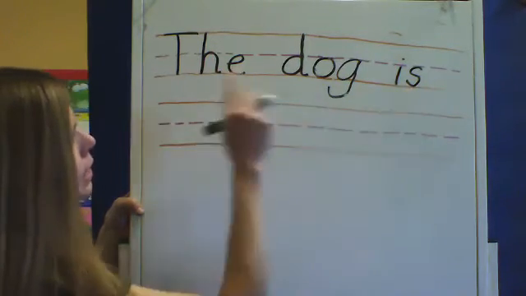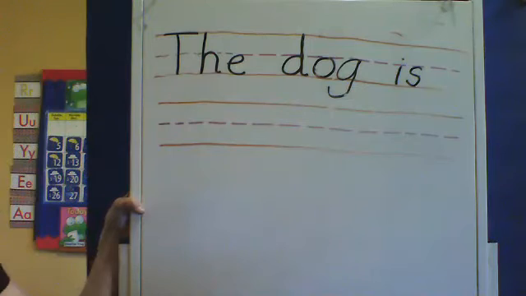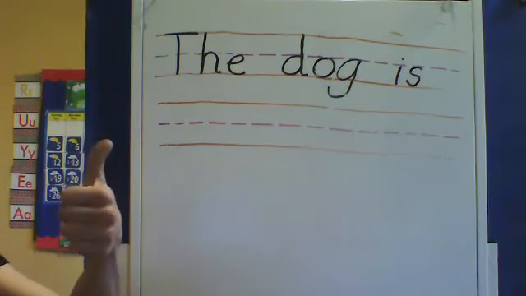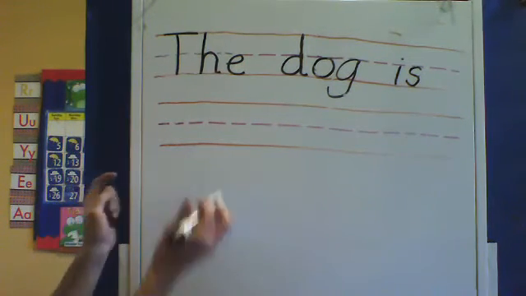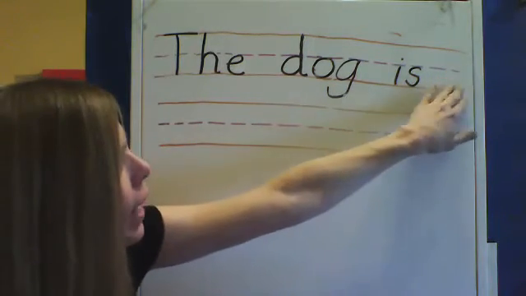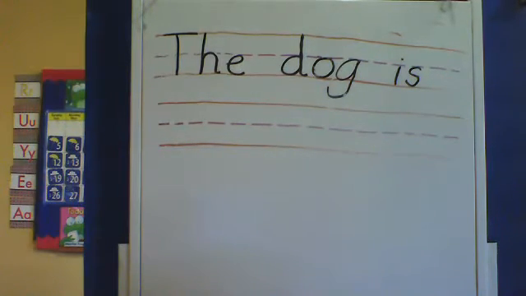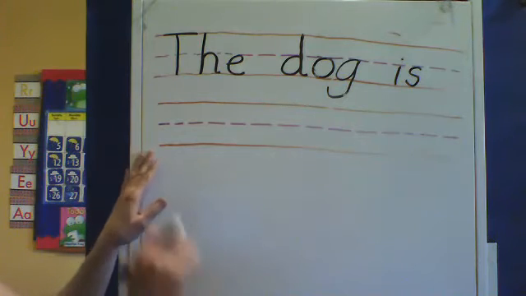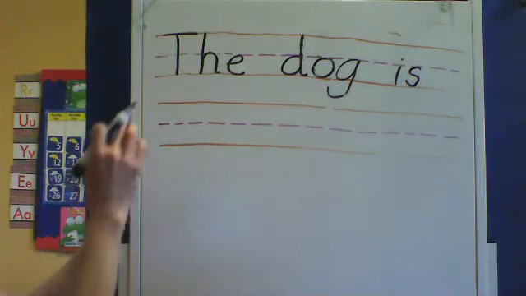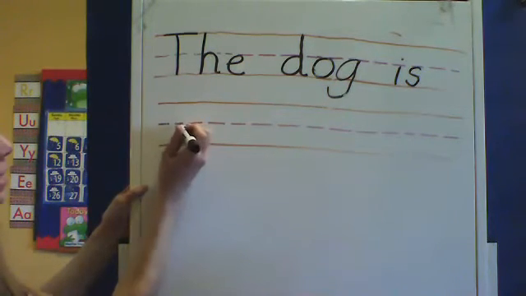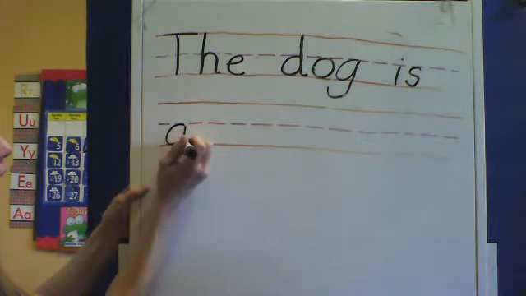So is. The dog is at. That's a word we can hear both sounds. At. And I'm at the end of my row there. I don't want to squish my next word in there. So I'm going to the next row. If you had more space, you could continue going. The dog is at. At.